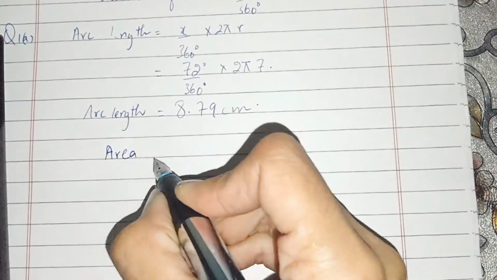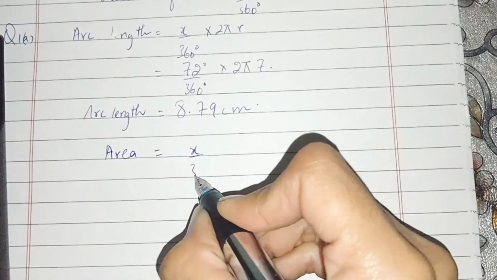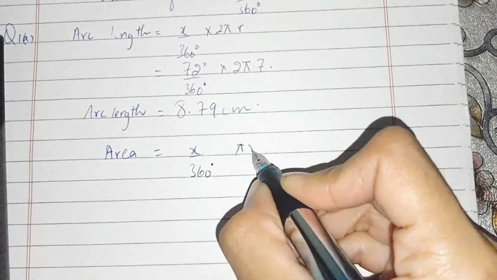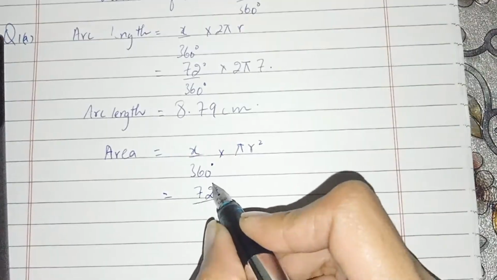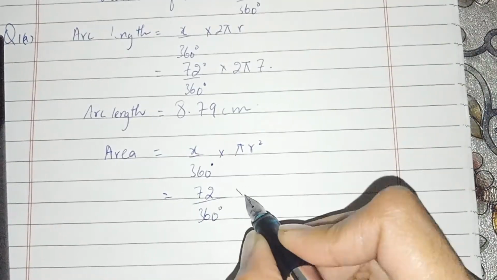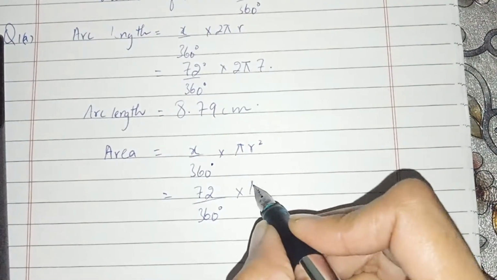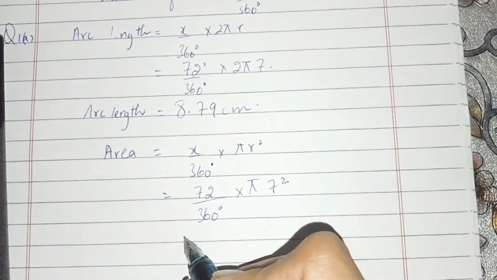Find the area. Now apply the formula of area. X is given to us 72 and this is 360 degree, pi, and this is 7 square.